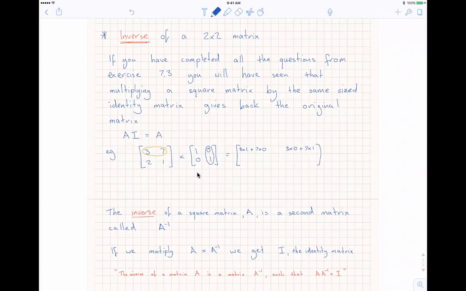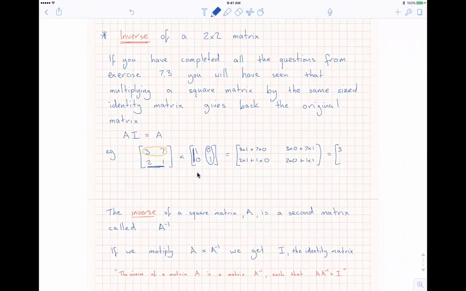Continue that multiplication pattern so that we multiply the second row by the first column, so that we have 2 times 1 plus 1 times 0, and then lastly the last row by the last column, so we have 2 times 0 plus 1 times 1.